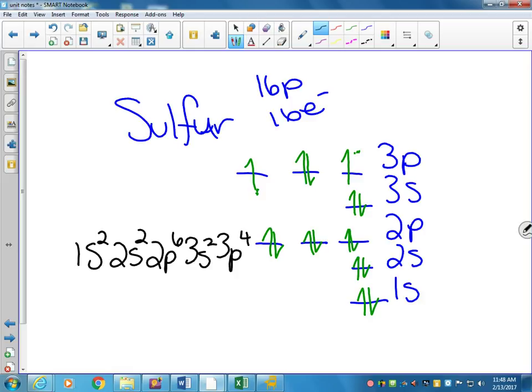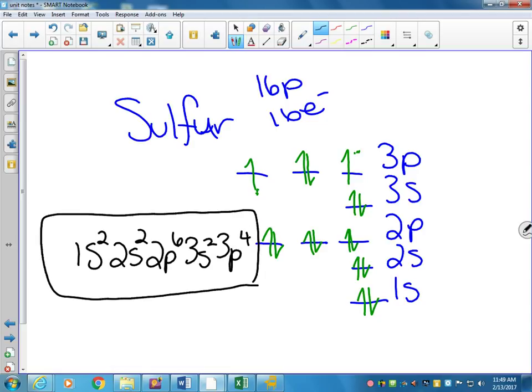Because there's only 4 electrons. If I asked you how many electrons are in this sulfur ion/atom, so you don't really know because you can't just look up. If I asked you how many electrons are in this sulfur ion/atom, how would you do it if you were just given this? Add up all the exponents. That tells you how many electrons are there.